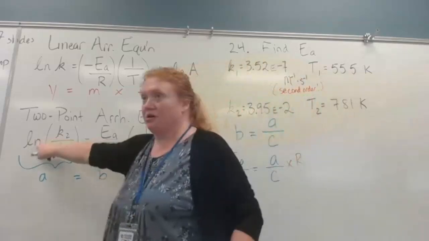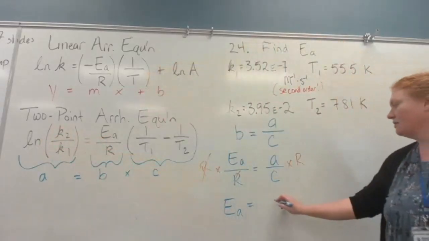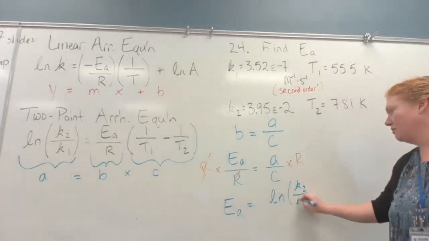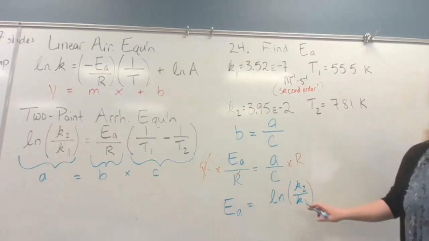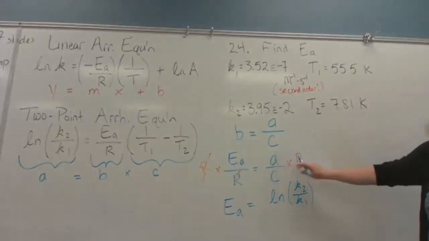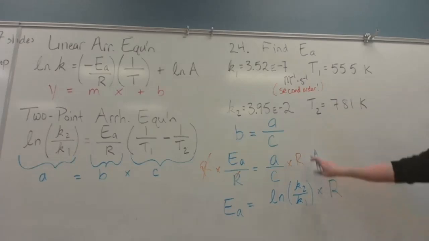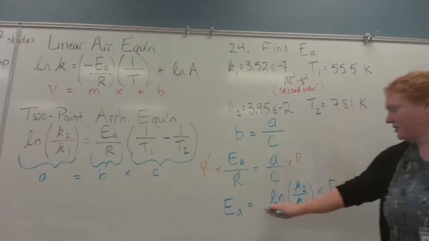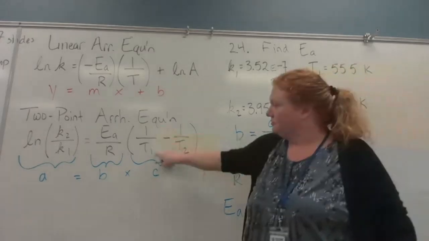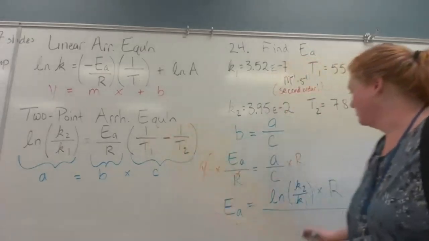What are we calling A? The natural log of K2 over K1, right? Times what? Up here on the top, times R, right? What's down here on the bottom? What did I say C is representing? What's here in this parentheses?